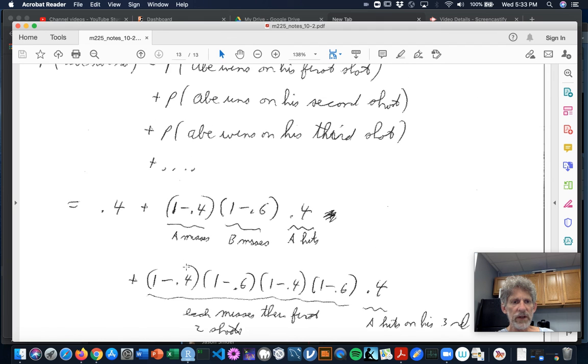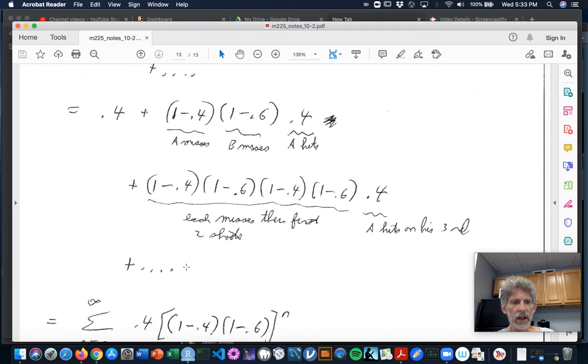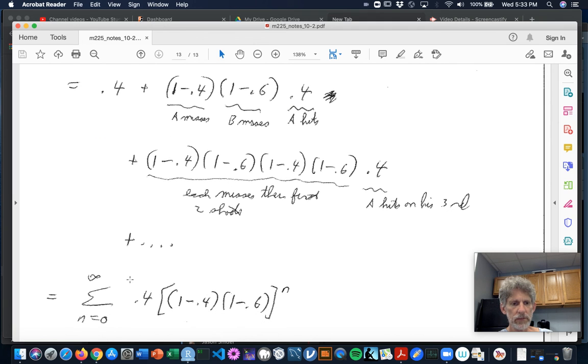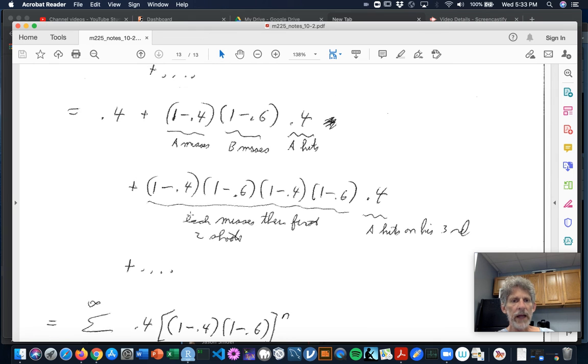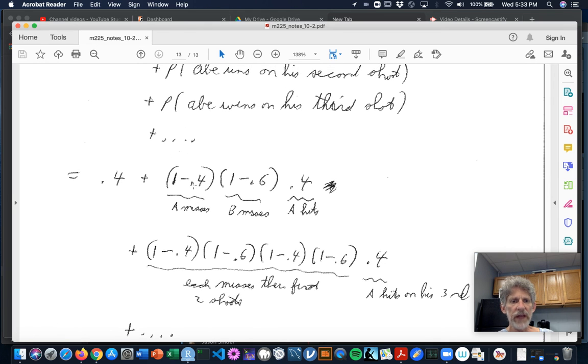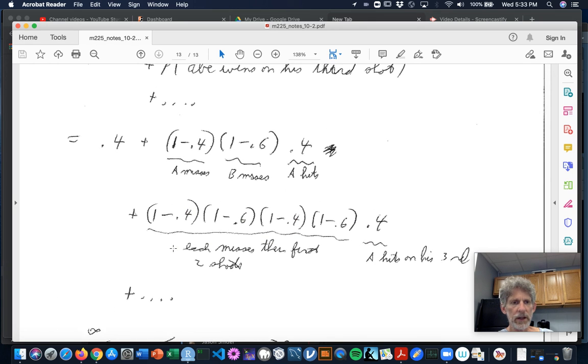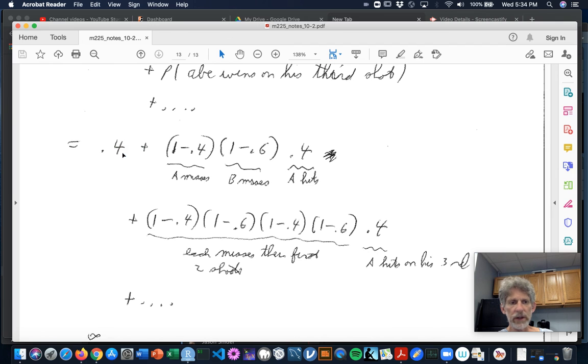But what you definitely see is a pattern here. Every one of these terms has a 0.4 as a factor. And every one of these terms has a power of 1 minus 0.4 times 1 minus 0.6. There's a first power here, a second power here, there's going to be a third power in the next one. Oh, and there was a 0th power here.